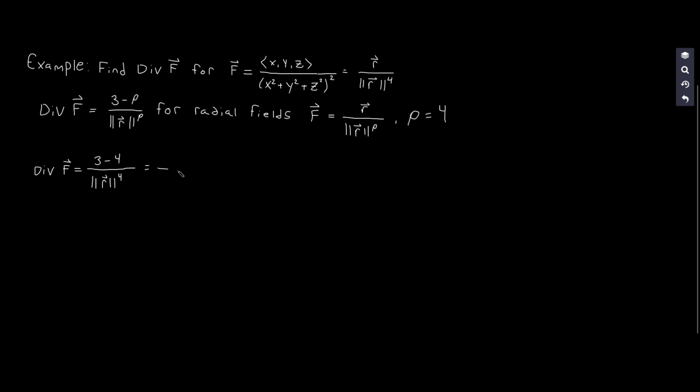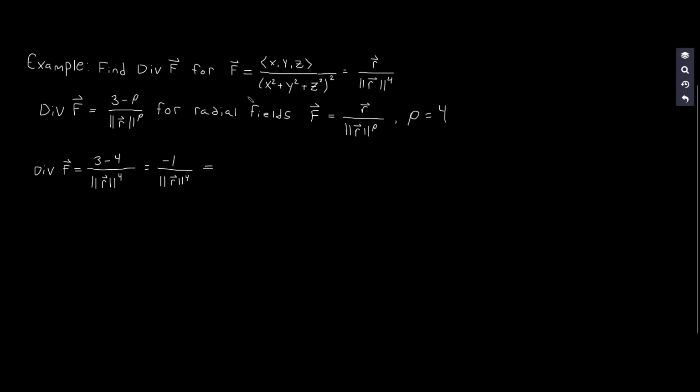Now, 3 minus 4 is going to be negative 1. And we'll leave the denominator the same for now. Because when we look at the denominator, vector r's magnitude raised to the power of 4, it looks like that is given to us right here.